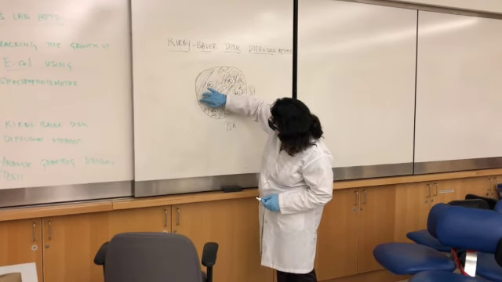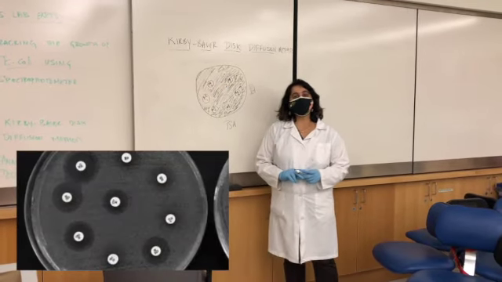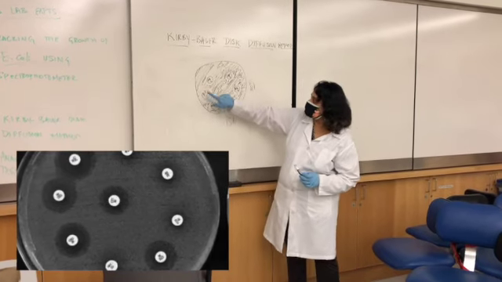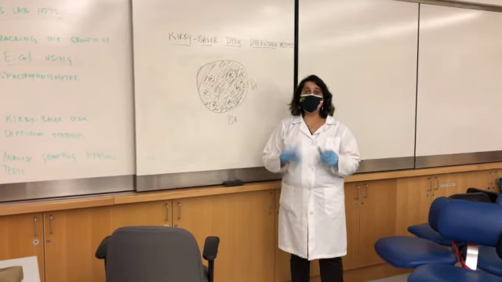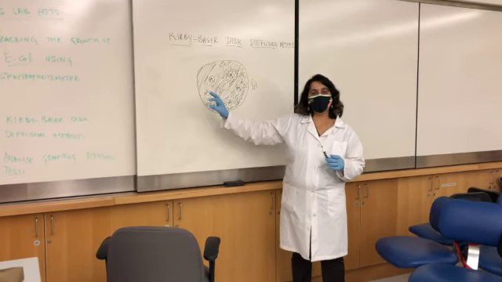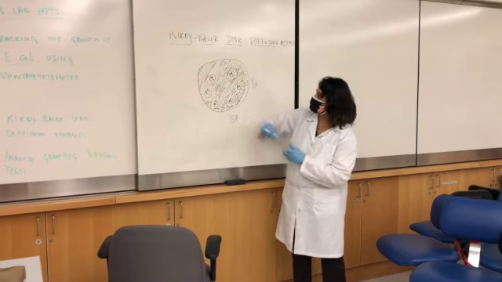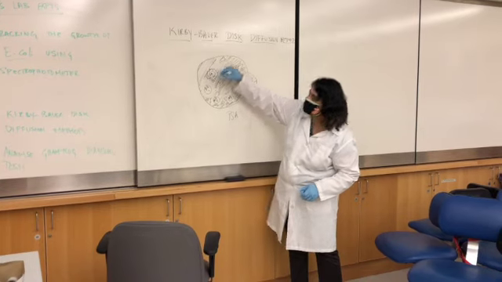So when you come back in 24 to 48 hours, you expect to see something known as a zone of inhibition or zone of clearance. So you'll not see bacteria around the antibiotics if the bacteria are sensitive to that antibiotic. If the bacteria are resistant to the antibiotic, you won't see any zone of clearance. They don't care. They just keep growing around the antibiotic.